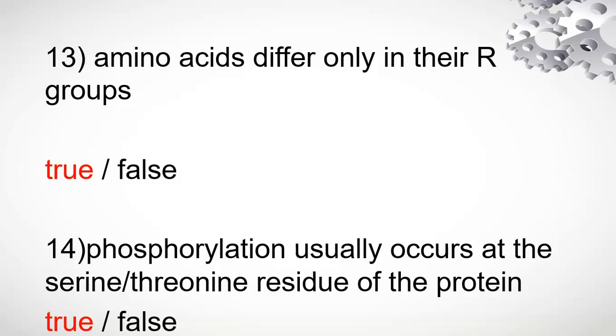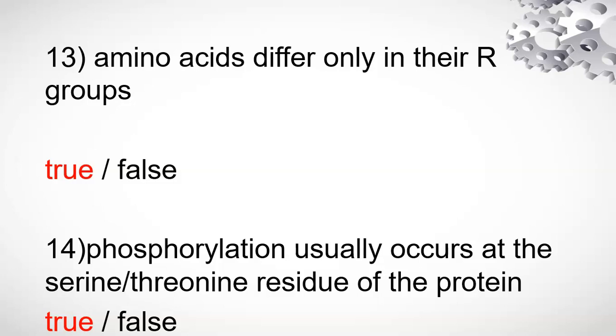Now, phosphorylation usually occurs at the serine threonine residue of the protein. But also, this question can actually be included with tyrosine: serine, threonine, and tyrosine. So that is where phosphorylation occurs. So if there is a protein kinase that wants to phosphorylate the protein, the phosphorylation usually takes place at the serine, threonine, and tyrosine.